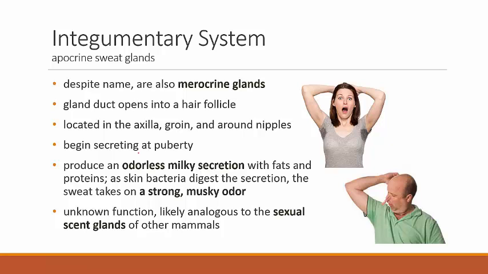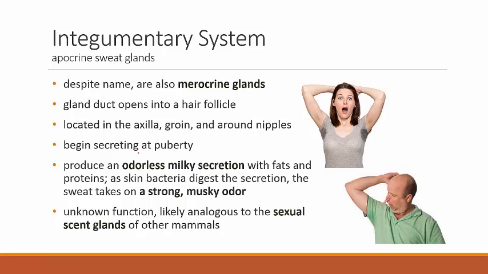That's where we find the apocrine sweat glands. And despite their name, they are also a merocrine gland, releasing their secretion by exocytosis. So it's weird that we name them apocrine sweat glands, but they secrete via merocrine secretion. As I said, they begin secreting at puberty.